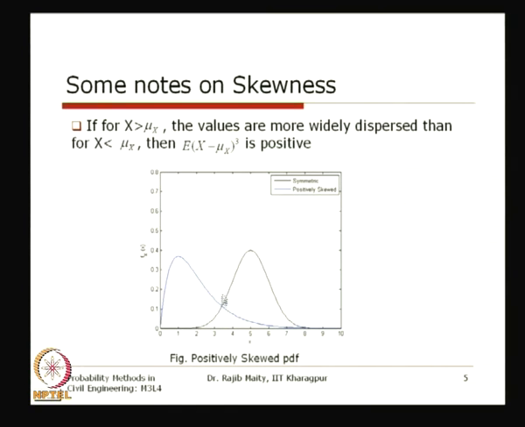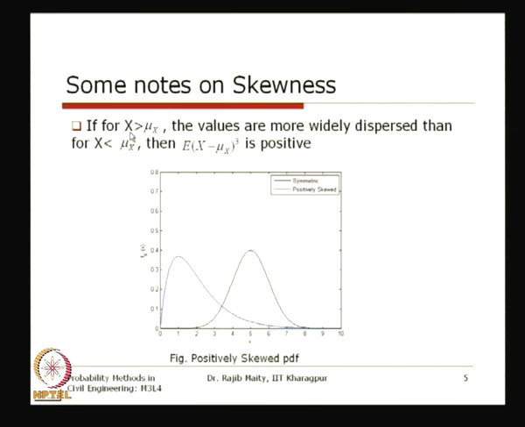Now we will compare with this symmetric black one, which we know is symmetric, for which the third moment with respect to the mean is 0. Now if we see this blue one, this blue one is known as positively skewed. Now we will see how this one is positively skewed, how it is distributed.